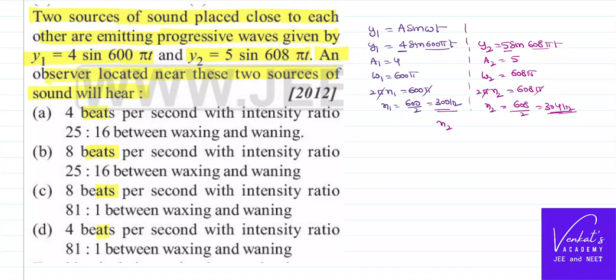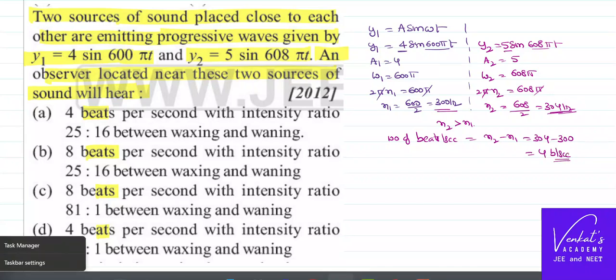I also know that n2 is greater than n1. So the number of beats generated per second is the difference between the frequencies. As n2 is greater, n2 minus n1, 304 minus 300, is equal to 4 beats per second. So it's going to be 4 beats per second.